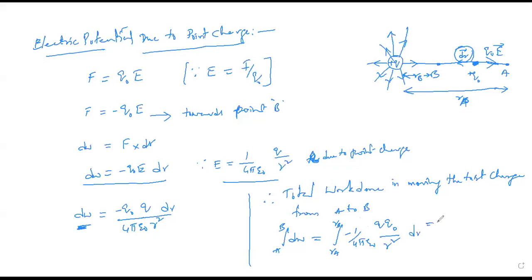So now work done between the 2 points A and B should be written as, I'm taking this negative term outside, Q naught by 4 pi epsilon naught, taking outside the integral RA to RB, and what is left over here is 1 by R square into dr.